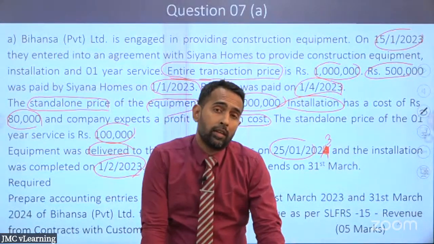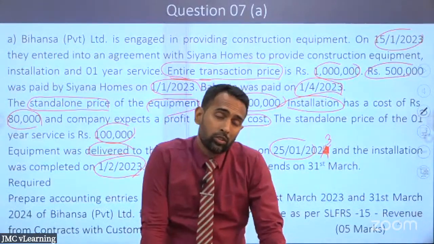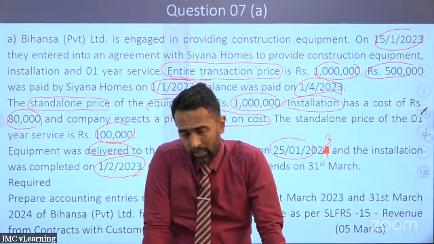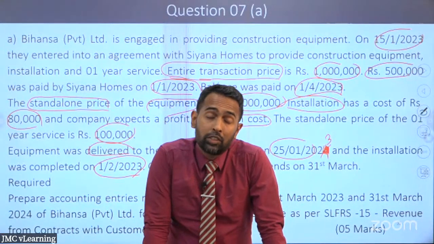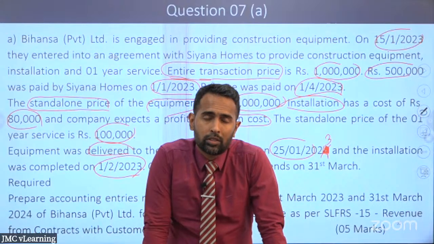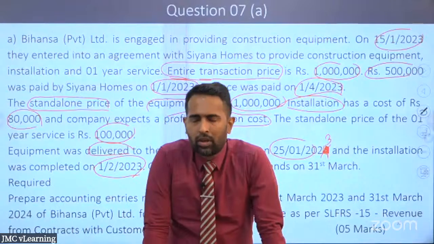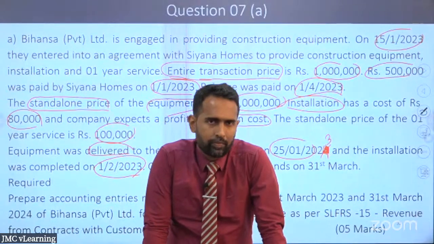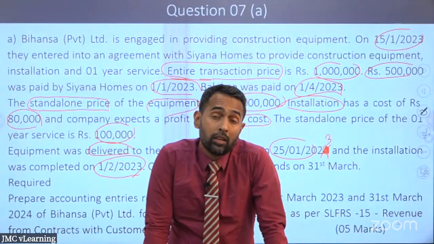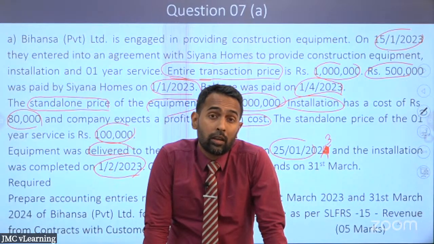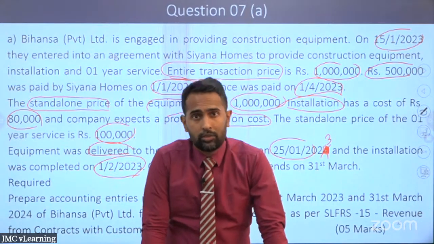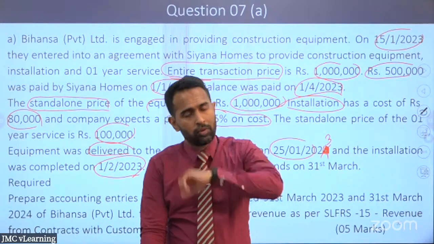If you take the installation separately, it has a cost of 80 and they expect 25% profit. If you take the service separately, it has a price of 100,000. So there's a discount in this transaction. Then they're asking on how to recognize the revenue for both years, 2023 and 2024.